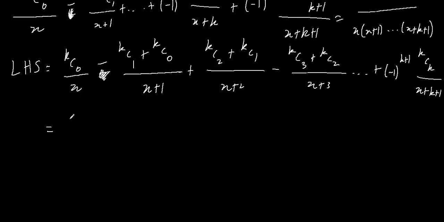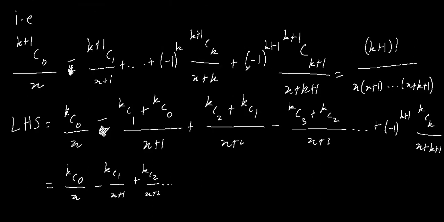So I get k c0 over x, this initial thing, minus k c1 over x plus 1, plus k c2 over x plus 2, and you get the gist. Now I'm going to leave out this part and go with the second last part, this middle guy that I left out. So that becomes k c k.